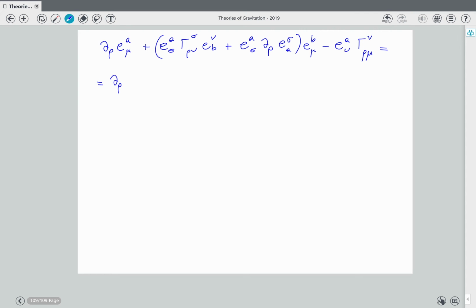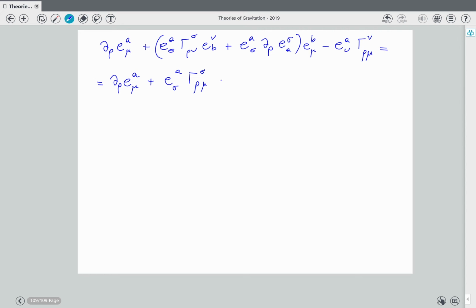We repeat the first contribution, partial EA mu. Second contribution, you see you have this times that. There is a contraction of indices B, B, and that becomes a delta mu nu. Delta mu nu means that you have a mu there. So you have E A sigma gamma mu rho sigma and that's it.